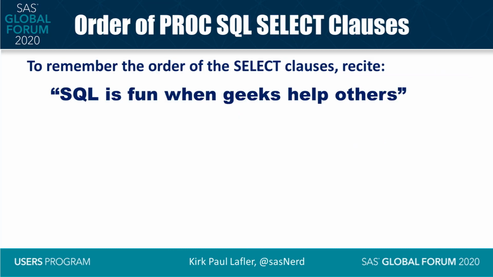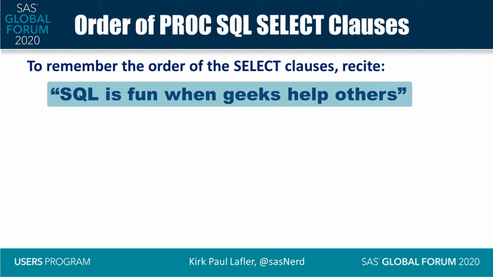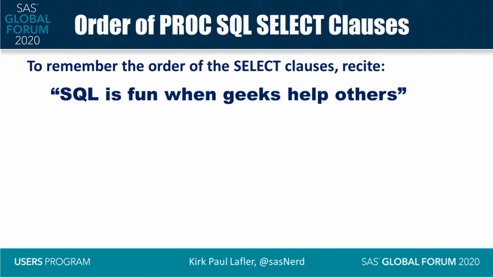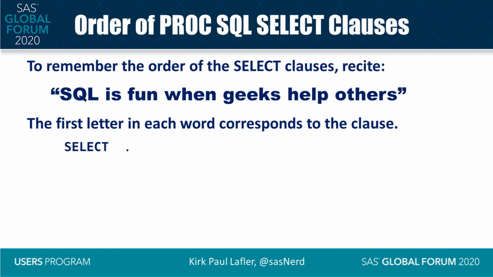Some of you might wonder what the order of the select clauses are. I came up with a little jingle that will help you remember the order of the select clauses. If you recite, "SQL is fun when geeks help others," this should help. Let me show you how. The first letter in each word corresponds to the clause.